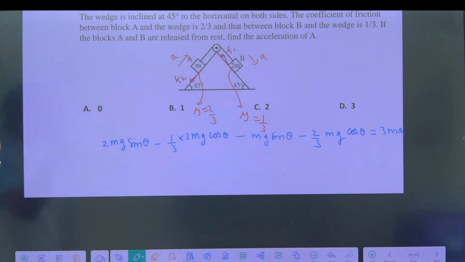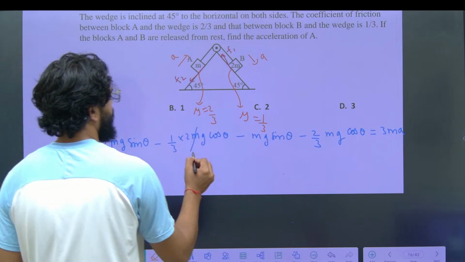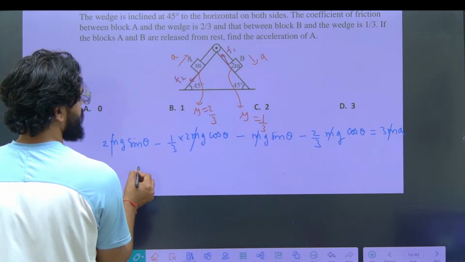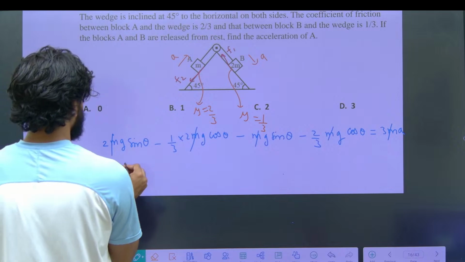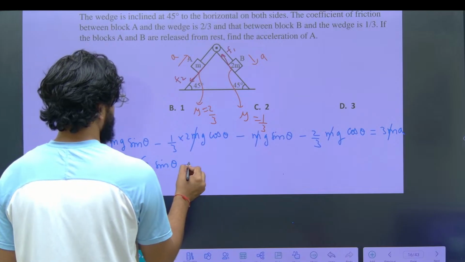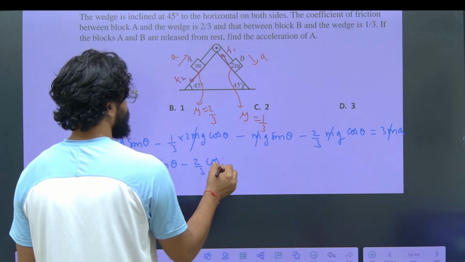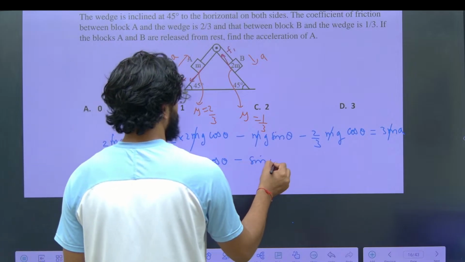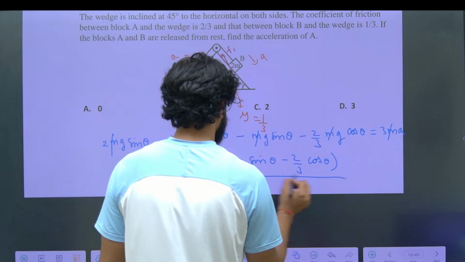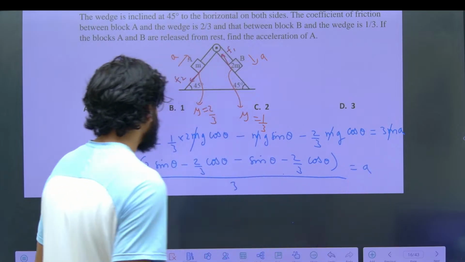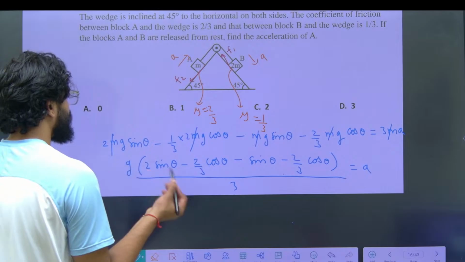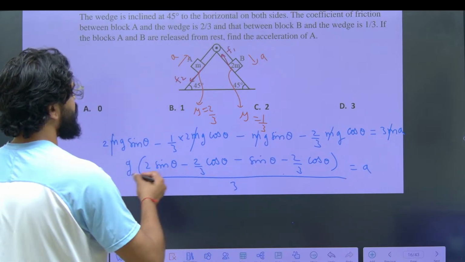So from here we have to calculate a. m is getting cancelled out, so g we can take as common, so that is 2 sin theta minus 2/3 cos theta minus sin theta minus 2/3 cos theta, upon 3, equals a. Remember, over here theta is 45° only, so sin theta and cos theta are the same, so we can write in either format, right?